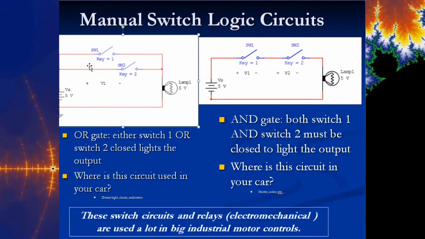It doesn't have to go through both of them. So in this situation, I would say that either switch 1 or switch 2 or both switch 1 and switch 2 will activate this lamp. So there are 3 different conditions that will make this thing illuminate, whereas in this case, there's only one combination that works, right?